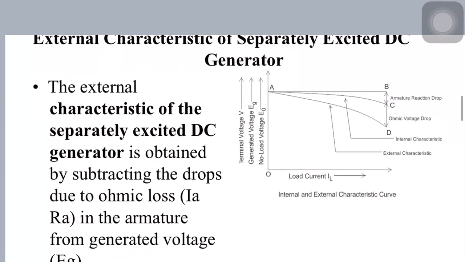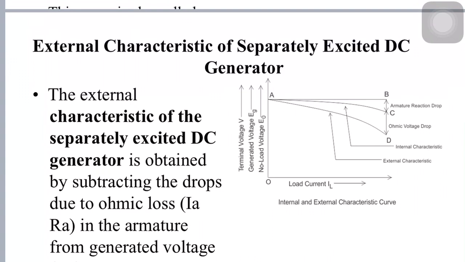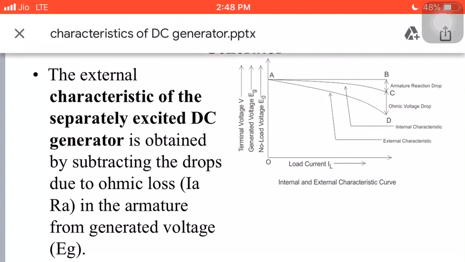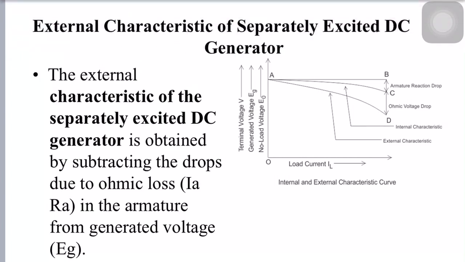In the same graph we can draw the external characteristics also. How will we get the external characteristics? The external characteristics of the separately excited DC generator is obtained by subtracting the drops due to ohmic loss in the armature from the generated voltage E_G.